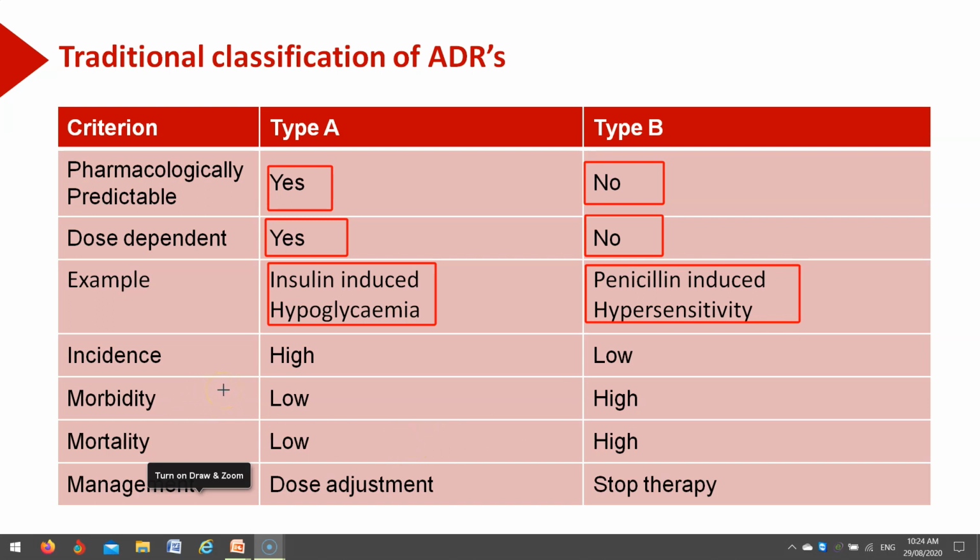Now, the incidence rate, the number of new cases, is very high in type A, so more commonly we can see type A adverse drug reactions.